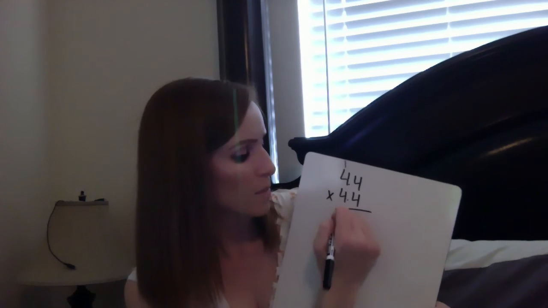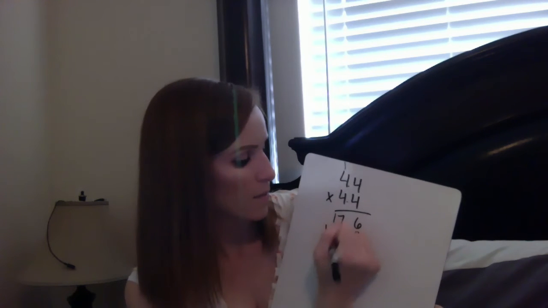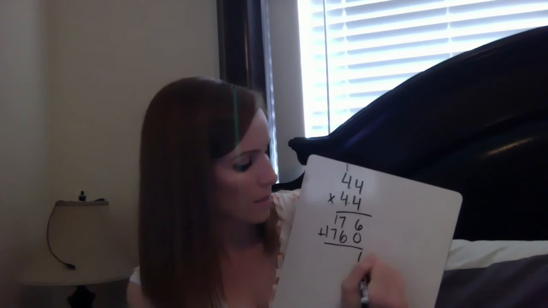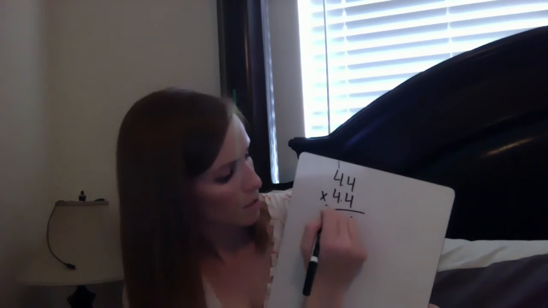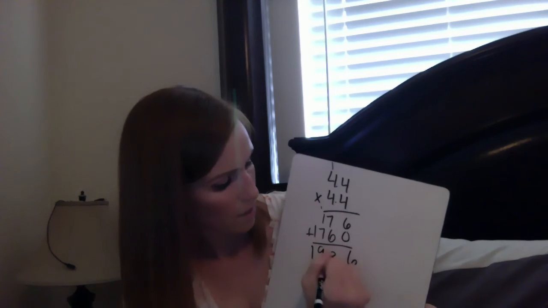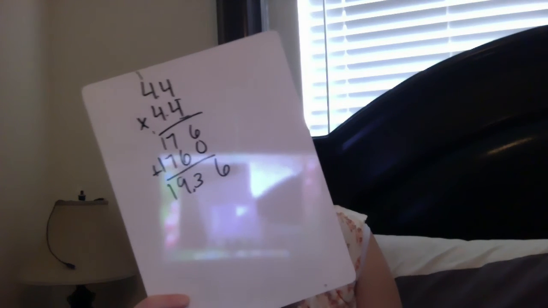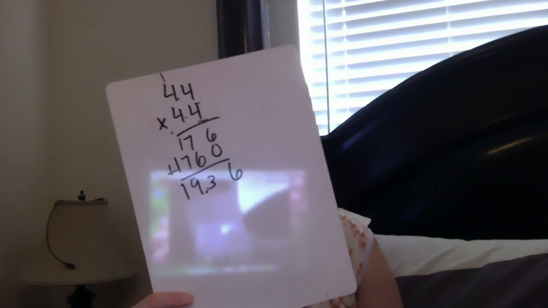4 times 4 is 16. 4 times 4 is 16 plus 1 is 17. Add my 0. 4 times 4 is 16. And then 17 again. Add it. We have 6. 6 plus 7 is 13. 7, 8, 9. Okay. And then 2 decimal places. So I have 19 and 36 hundredths. So we see that 4.4 is too small.